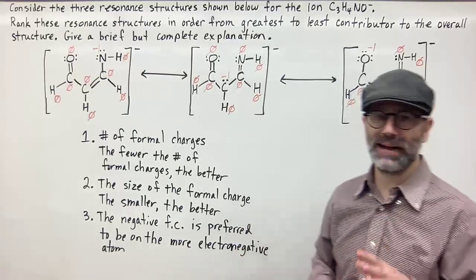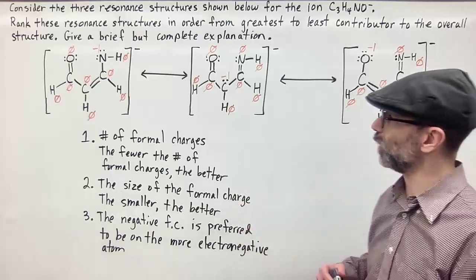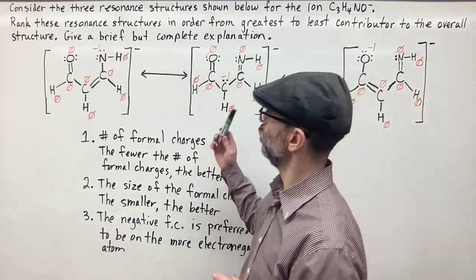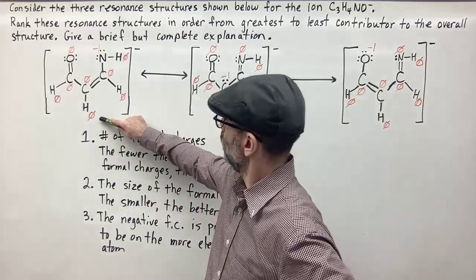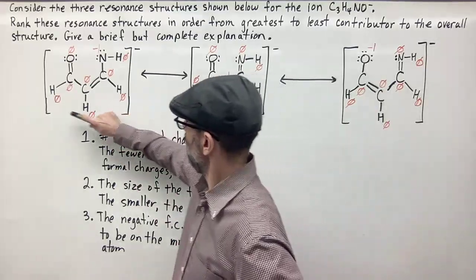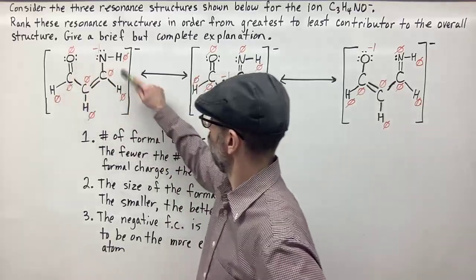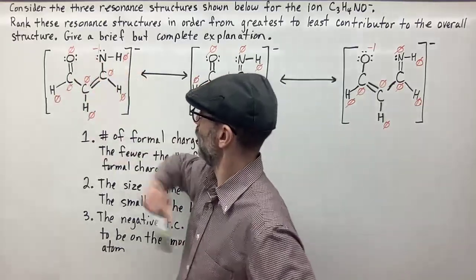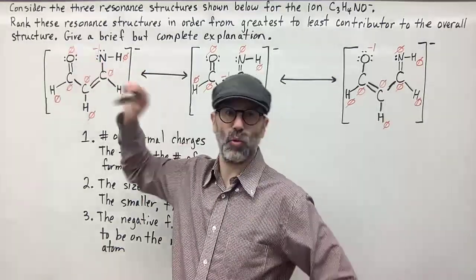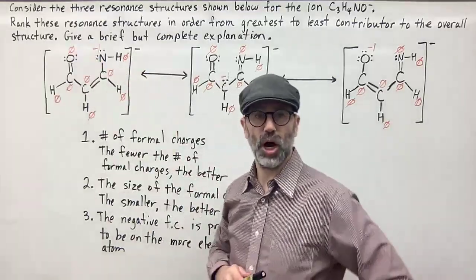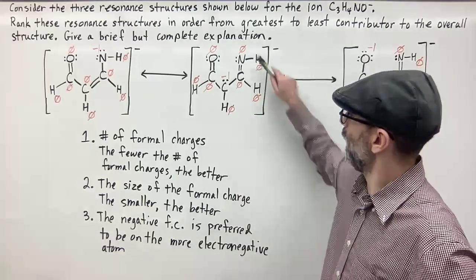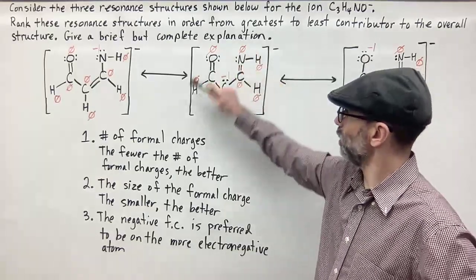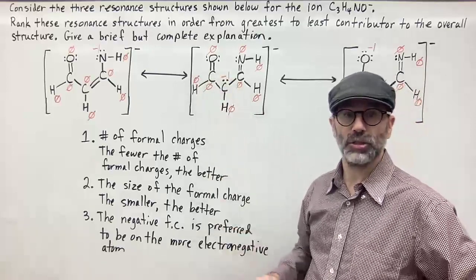So now that we have that cleared up, let's go ahead and look at the Lewis dot structures. So you'll notice here that we have everything is 0 except for the -1 here. So this only has one formal charge. This one here also has only one formal charge. Okay.